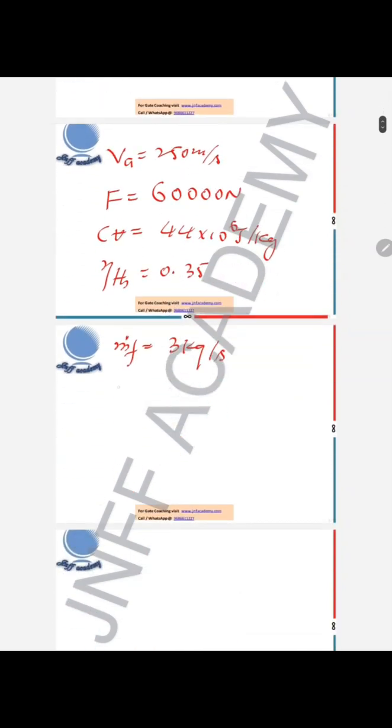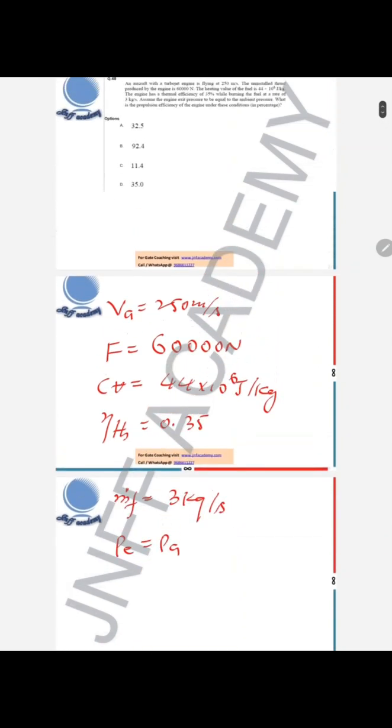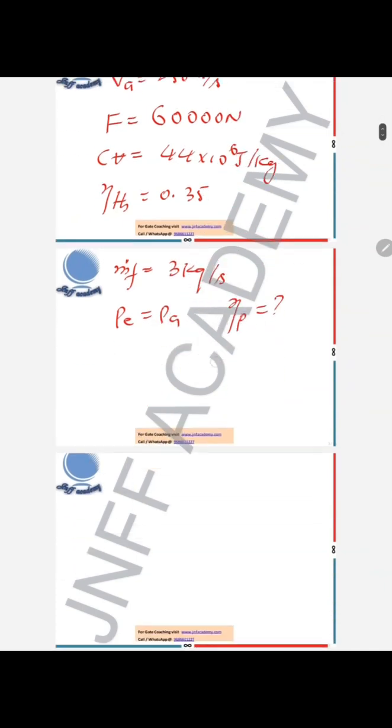Assuming the exit pressure to be equal to ambient pressure, we need to find the propulsive efficiency, eta p. We know that the thermal efficiency is equal to propulsive power divided by fuel power, where fuel power is m dot f into heating value of the fuel.